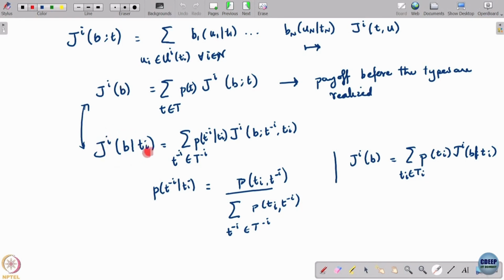Here the strategy itself, although it makes use of the type information, is being chosen after the type gets realized. But it is your own type only, remember; you do not know the types of the others. So, that is the subtlety.